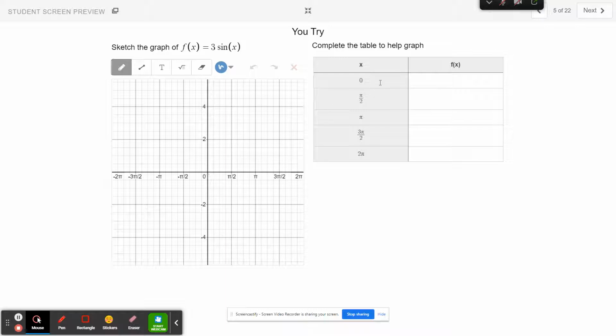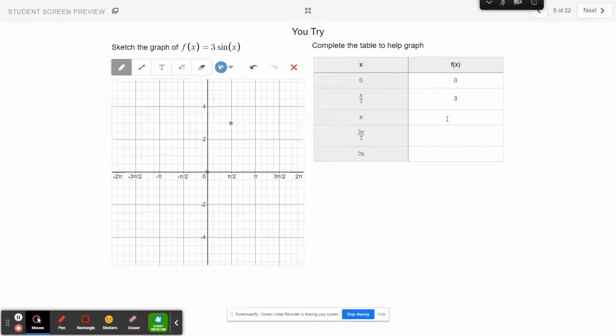When we plug in 0, sine of 0, you'd go to the unit circle. Sine of 0 is 0. 0 times 3 is 0. So you'll type in 0 here, and put a dot right there at 0, 0. Pi halves: sine of pi halves is 1. 1 times 3 is 3. So at pi halves, I'm up here at 3.